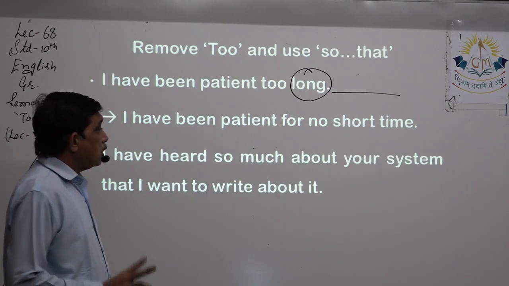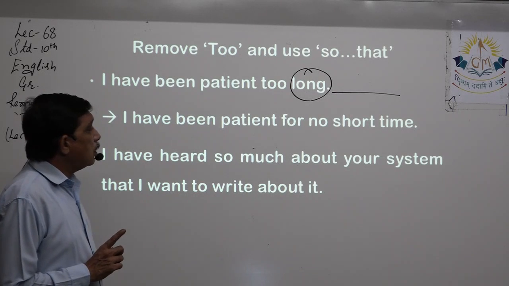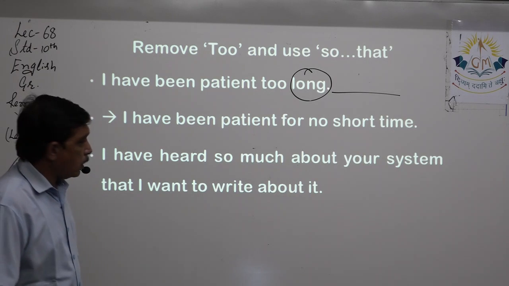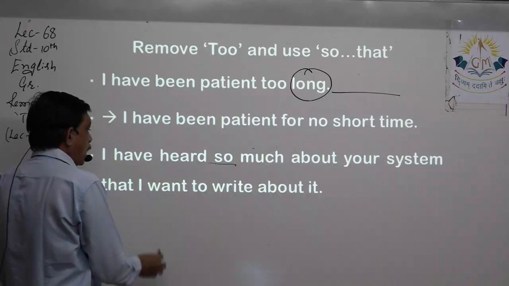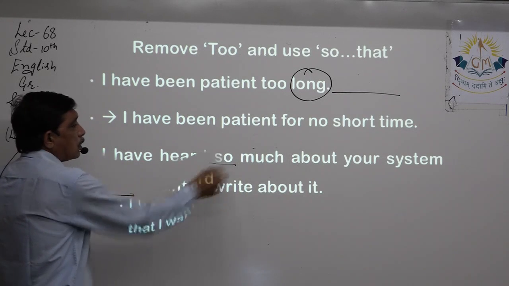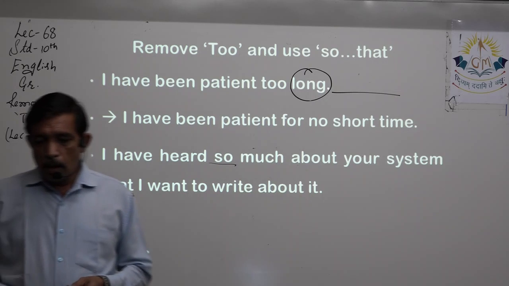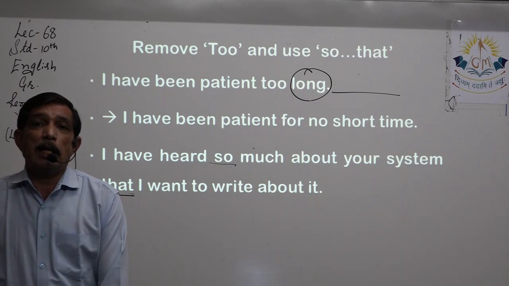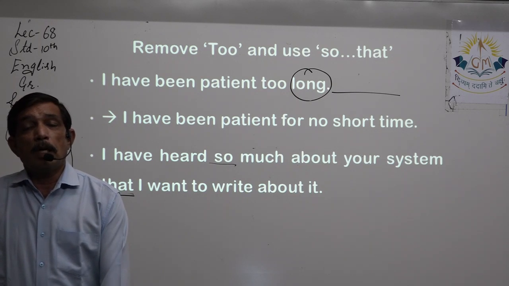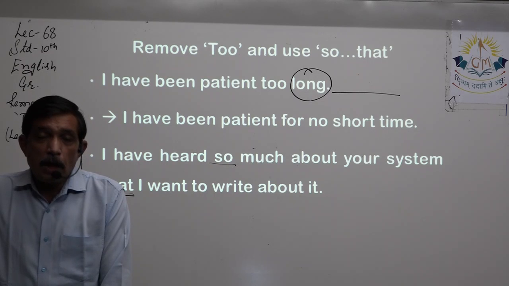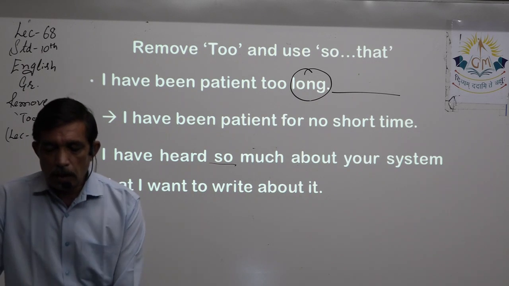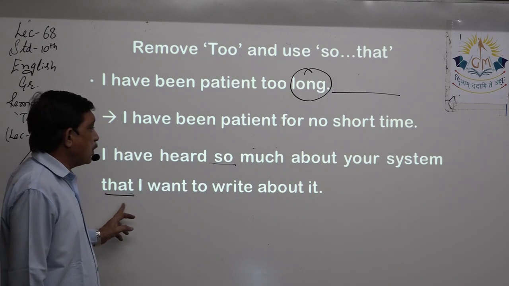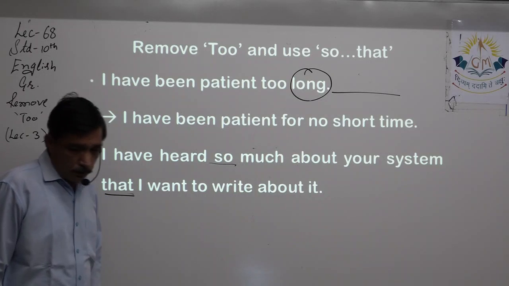"I have heard so much about your system that I want to write about it." Now I have "so" and I have "that" and lots of words in between. And "so that" is used without any negation. That tells me that when I am transforming it to "too", I should use a negation. Try to do it.